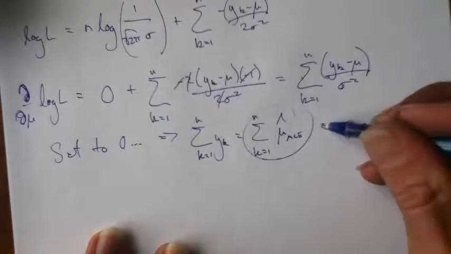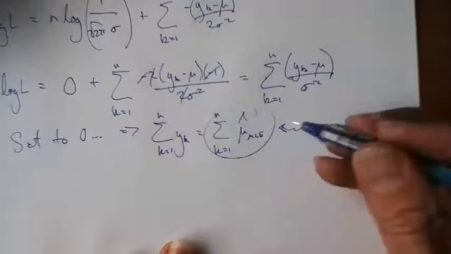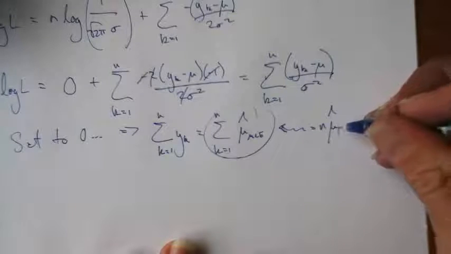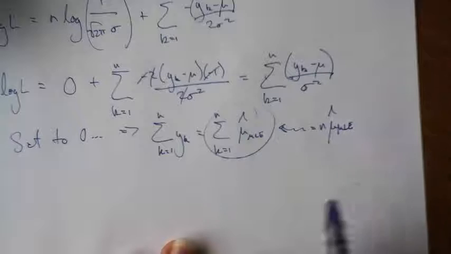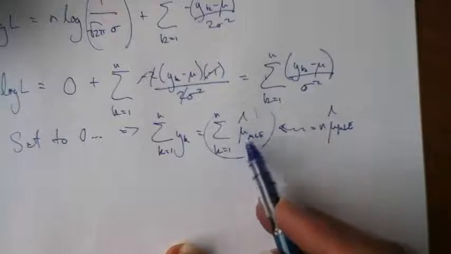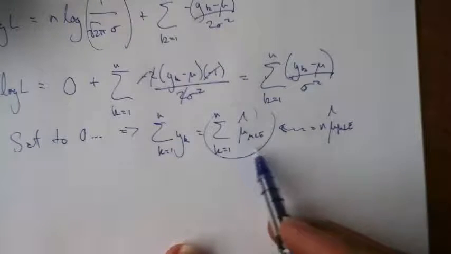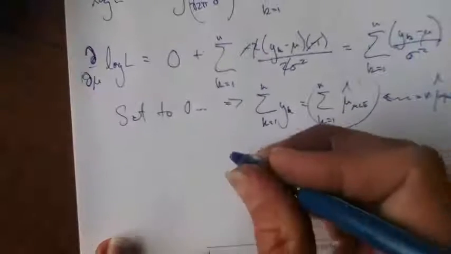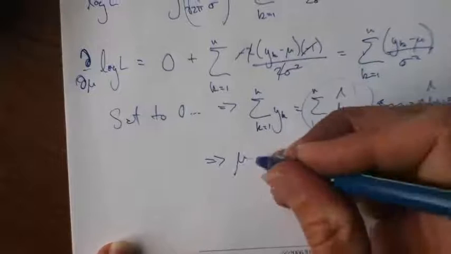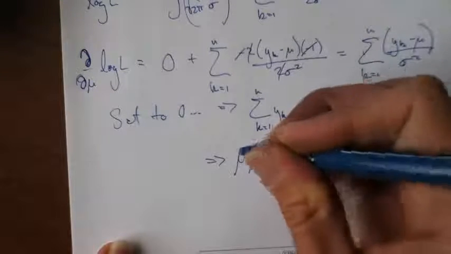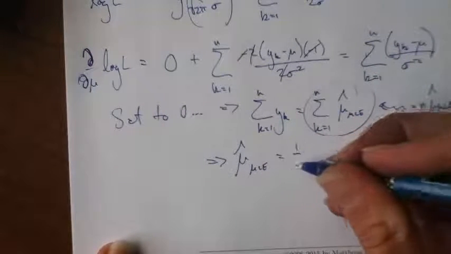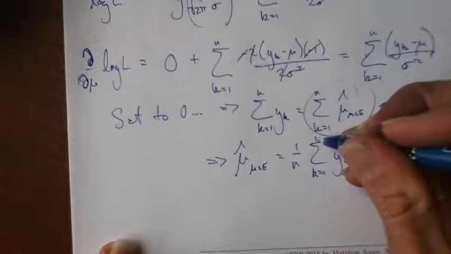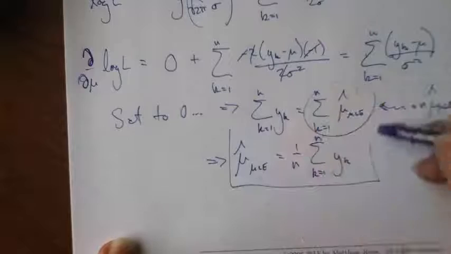This sum is just equal to n times that, right? I'm adding this up n times. So all this implies that my maximum likelihood estimator for mu is in fact 1 over n times the sum of my values. Okay, nothing new there.